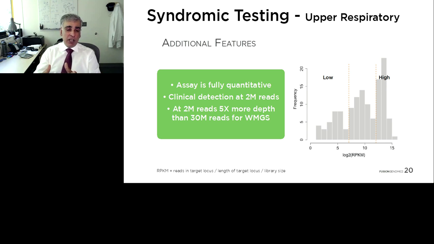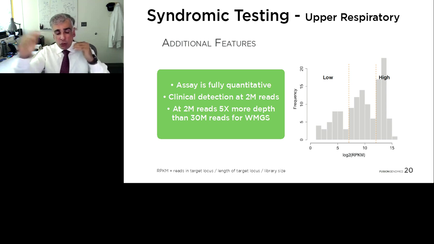Which means that in order to be equivalent in the amount of sensitivity that the assay is giving you, you would need to sequence 5 times 30, about 150 million reads, which is very close to our estimates also, especially when we're doing environmental samples, just like in the case of bird flu, because a scoop of soil has about 10 to the power of 6 bacteria in it. So because it is so dense, you need so many reads.